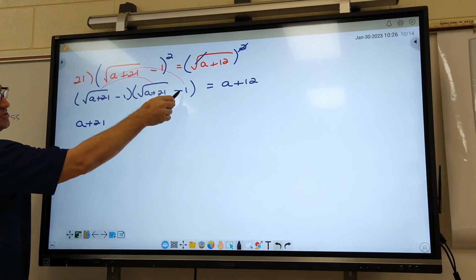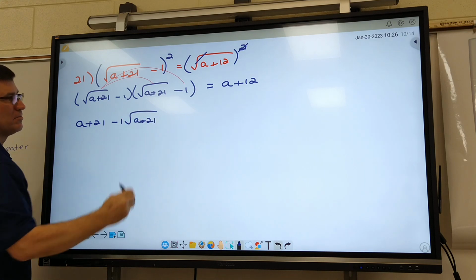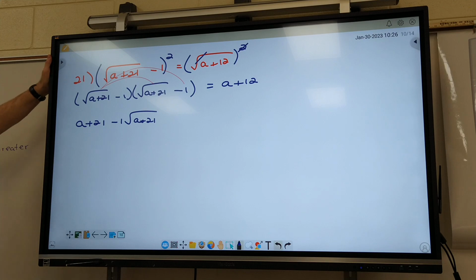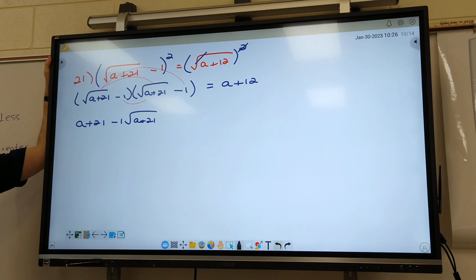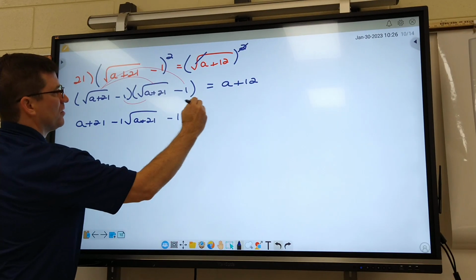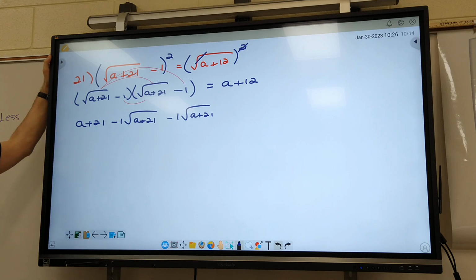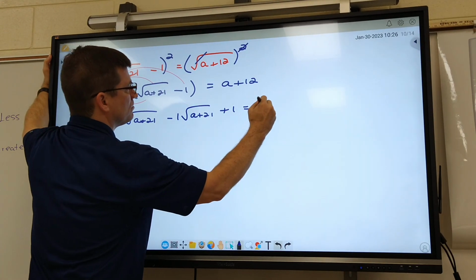Really nothing, just put your negative 1 in front of that square root. Right in the middle, what do we have? Same thing. Put -1 in front of the square root again. All right, and on the end, -1 times -1 is +1.